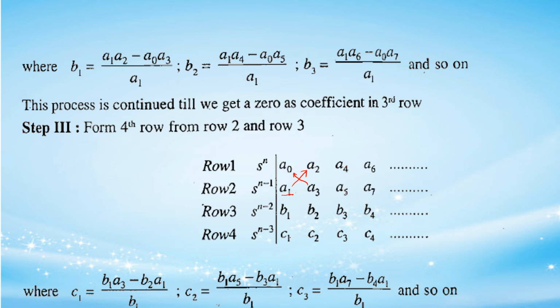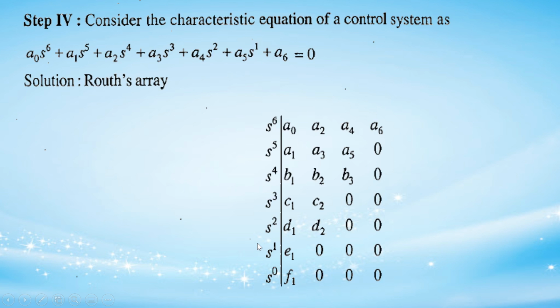For C1, it is B1 into a3 minus B2 into a1, divided by B1. The respective formulas for C1, C2, C3 are given here. In the same way you have to follow and construct the Routh array.